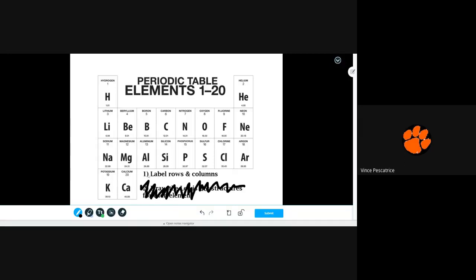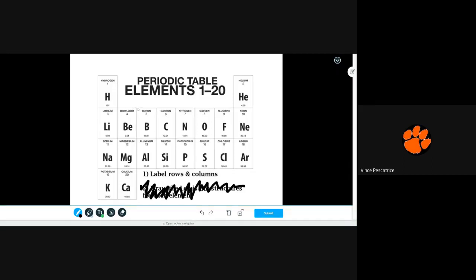So I want you to label the rows and the columns, and put how many valence electrons each one has. I want you to notice that, where is it? There we go.